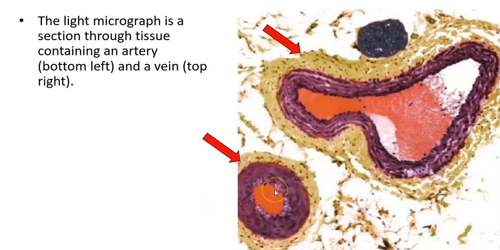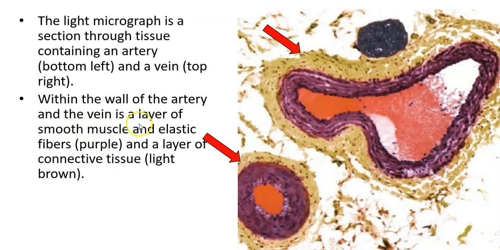It has to have a thick wall in order to resist the high pressure of the blood coming out from the heart. So this artery should be thicker and much more resistant to the blood pressure than the vein, which has a thinner wall, and the blood does not have the same pressure as in the artery.